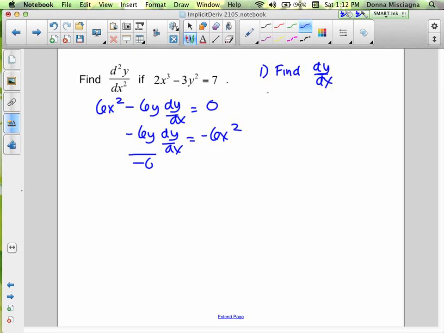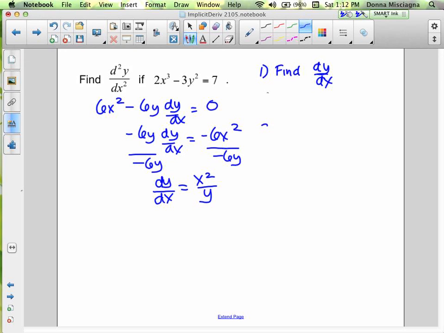So that's going to give us dy dx equals, that of course will reduce, the negatives reduce, the 6 reduces, and this is going to be x squared divided by y. Now we're going to take the derivative of that.